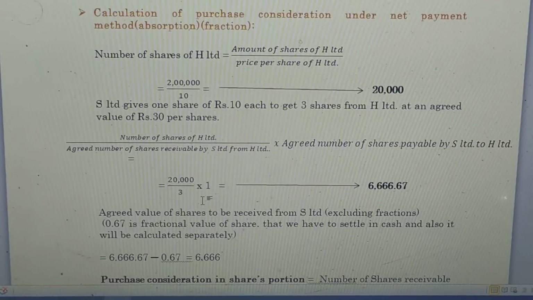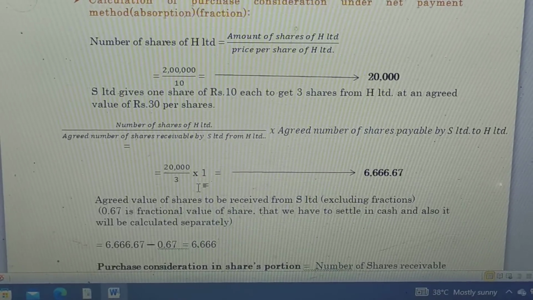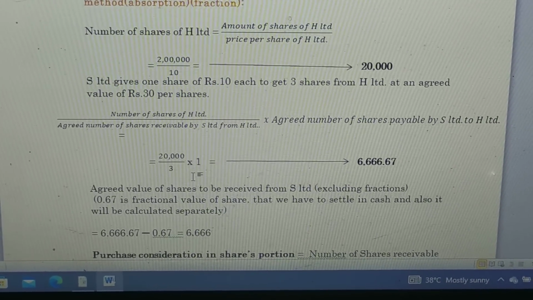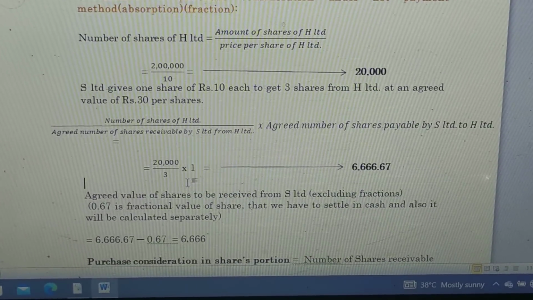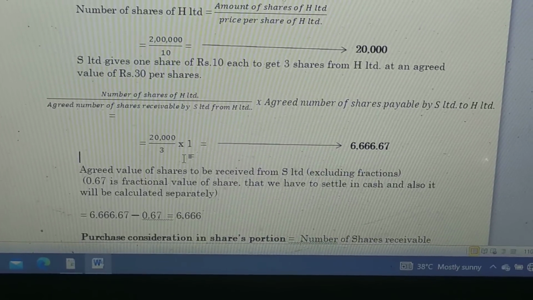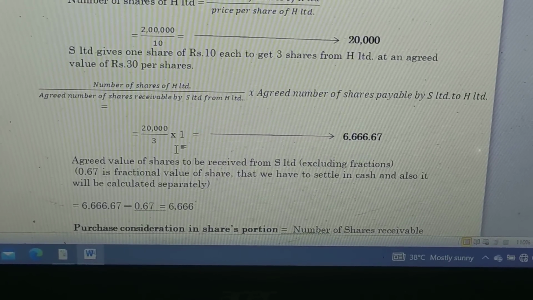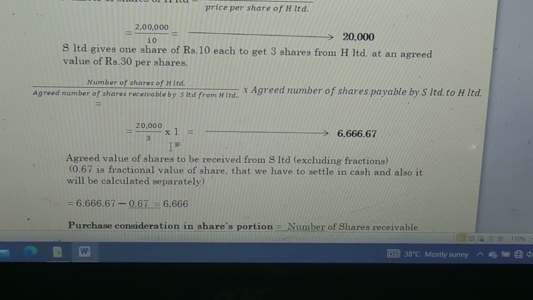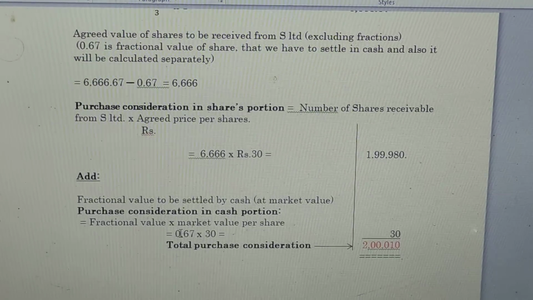The 0.67 is a fractional value of a share that we have to settle in cash, and it is calculated separately. 6,666.67 minus 0.67, we get the number of shares as 6,666.